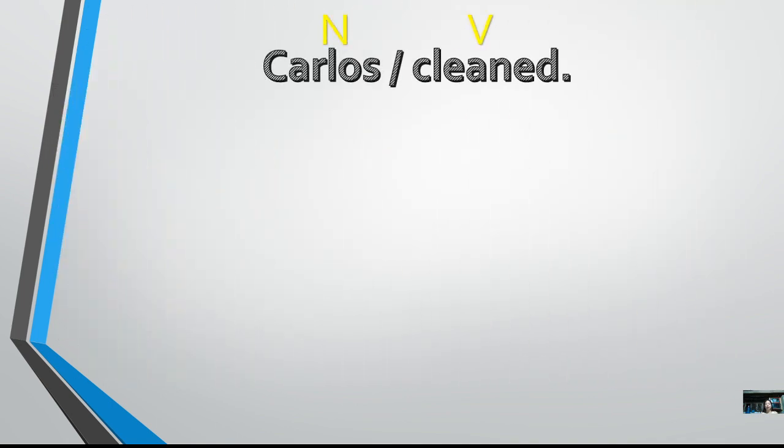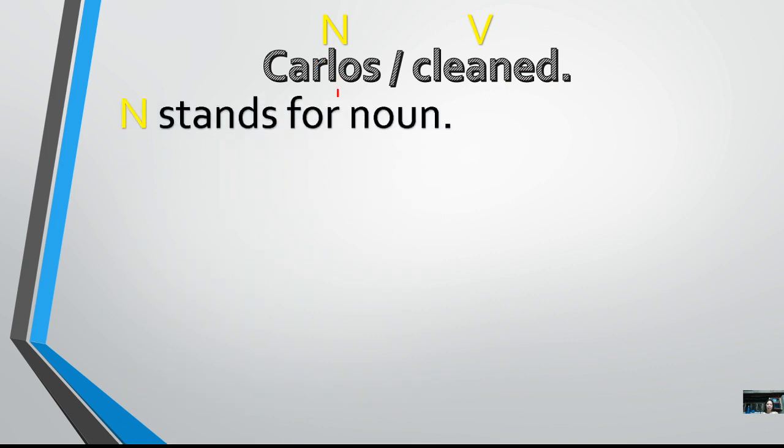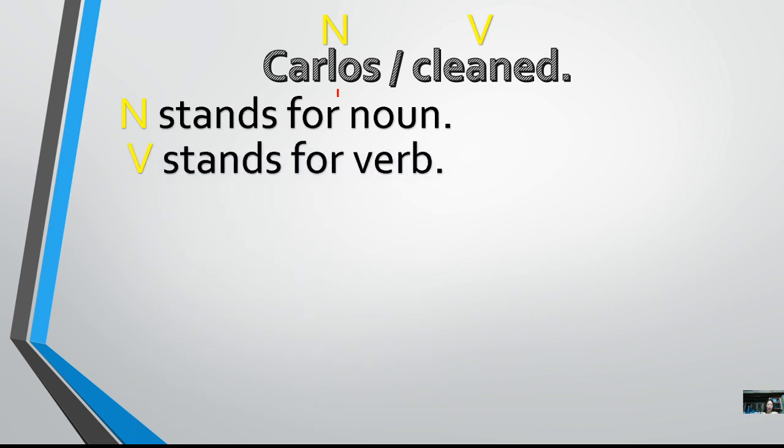Okay, now you look at this. Carlos cleaned. Now as you have seen, all sentences have two parts. Okay, now here you have Carlos cleaned. N stands for noun and V stands for verb.